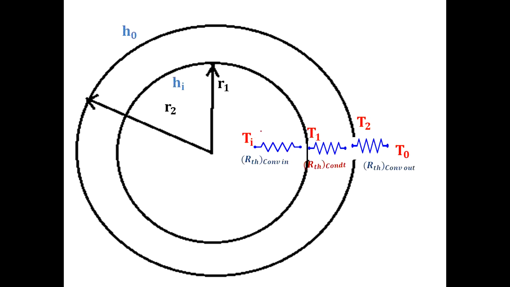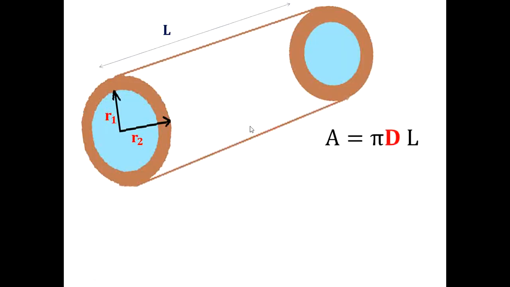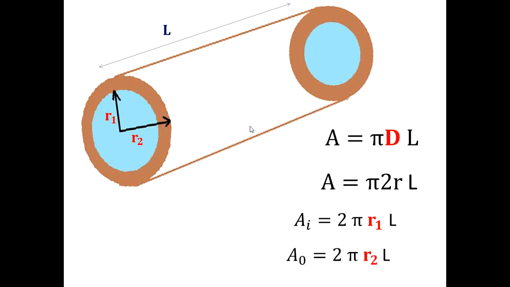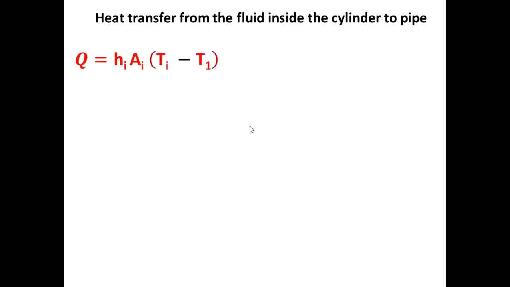Internally you will have convection, conduction, and again convection. I have already explained that the area is 2 pi r l: A inner is 2 pi r1 l, and A outer is 2 pi r2 l. Heat transfer is hi Ai times the temperature difference, therefore 2 pi r1 l hi of T1 minus T2.